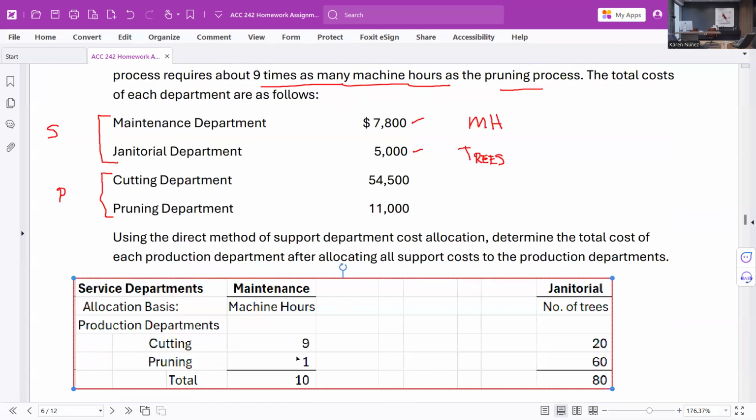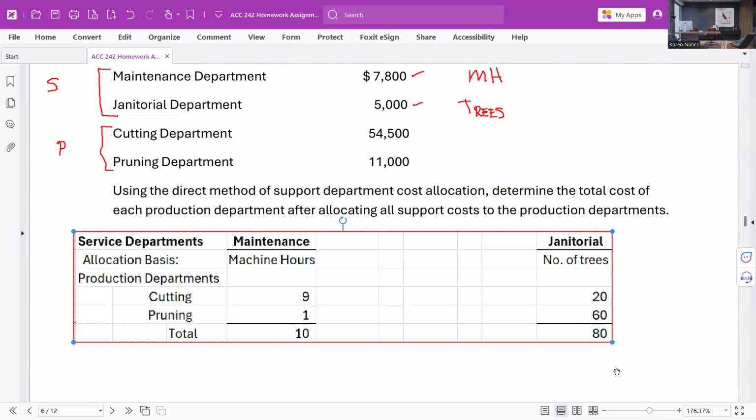So when we calculate the proportions, it's going to be based on 9-to-1 for maintenance, and on 20-to-60 for janitorial. We get our percentages based on those numbers, and we allocate the 7,800 and the 5,000 accordingly.